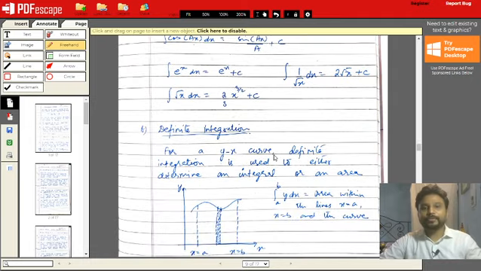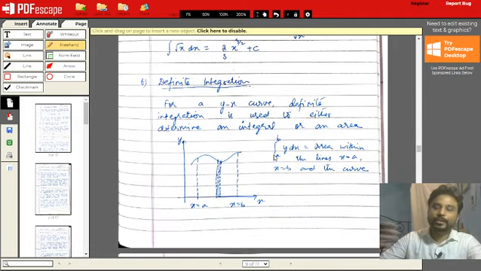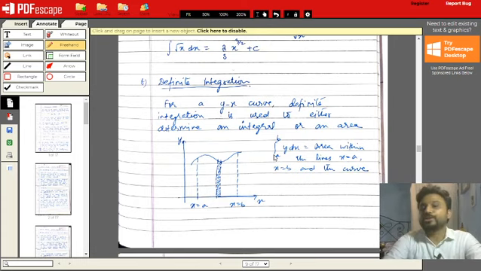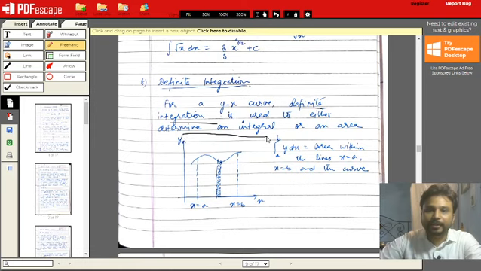Next, we jump on to definite integration. Definite integration is where integration comes into its application. What is its application? Basically, when we draw a curve of y and x, sometimes we want to find the area under the curve. That is what is written here. For a y-x curve, definite integration is used to determine an integral or an area.